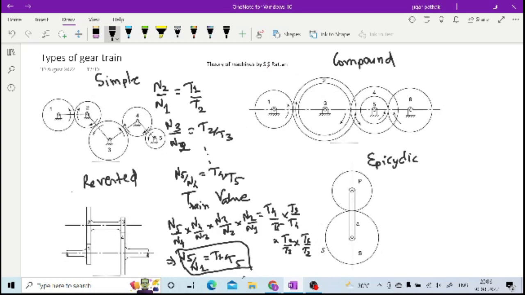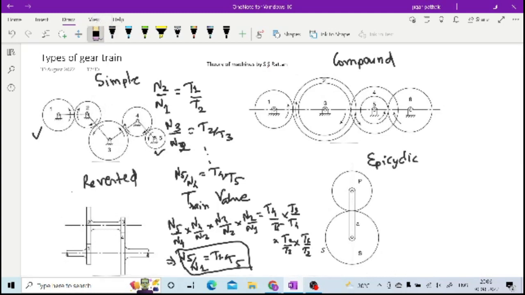So this is your train value for the simple gear train. If you observe here, only the driving gear and the driven gear at the end, only these two gears are deciding the train value. So all these other gears are idler gears in this simple gear train.